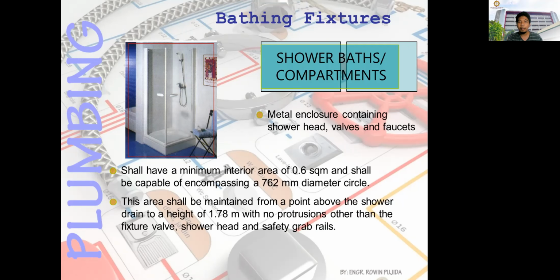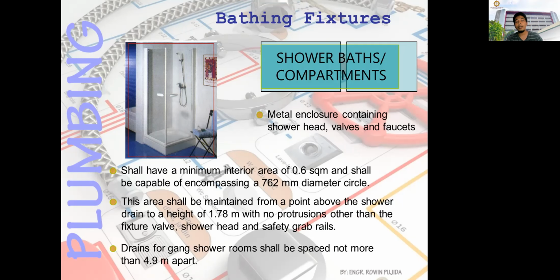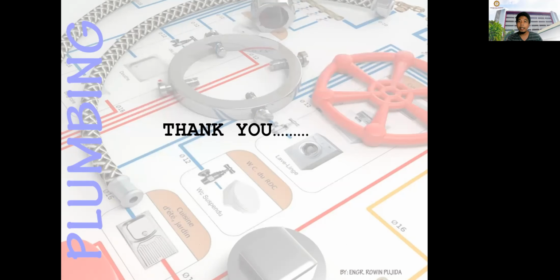This area shall be maintained from a point above the shower drain or the shower receptor to a height of at least 1.7 meters with no protrusions other than the fixture valve, shower head, and the safety grab rails. And also the drains for a gang shower room shall be spaced not more than 4.9 meters apart. Okay, so that's all for the plumbing fixtures. Thank you and see you in the next discussion.